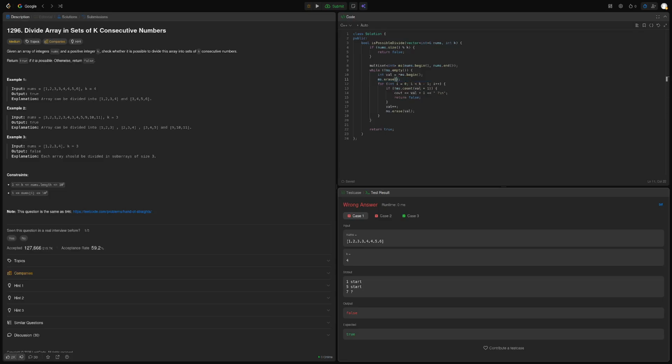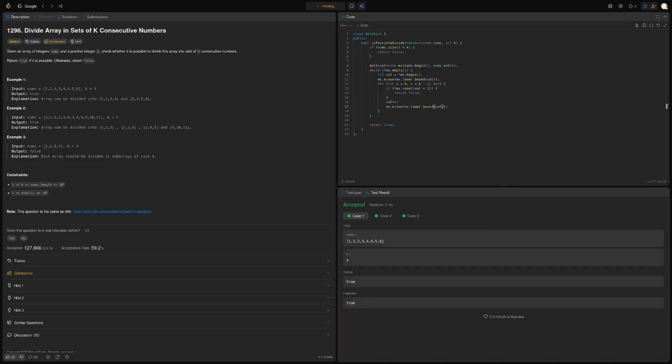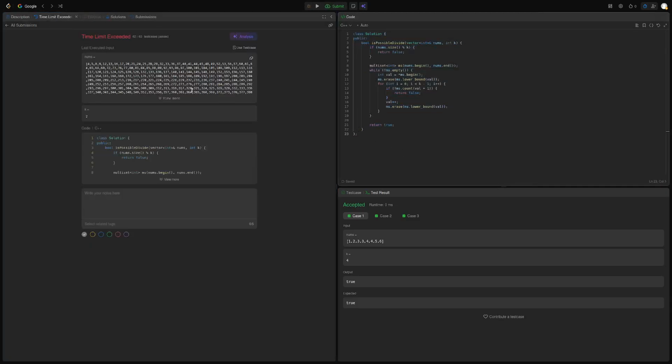Oh, ms erase ms lower bound val. Of course. Okay, so you can only erase this way, so this will be slow. So that's an n log n approach. You could do n log n by sorting and then storing indices. That is ridiculous.